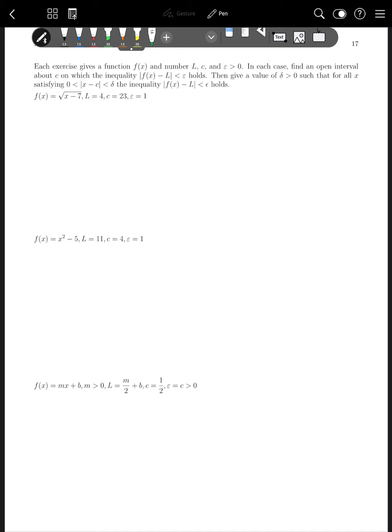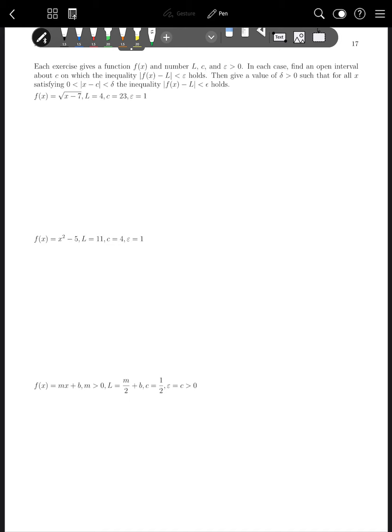In each case, find an open interval about C on which the inequality, the absolute value of f of x minus L is less than epsilon holds. Then give a value of delta greater than 0 such that for all x satisfying 0 is less than the absolute value of x minus C is less than delta, the inequality, the absolute value of f of x minus L is less than epsilon holds.